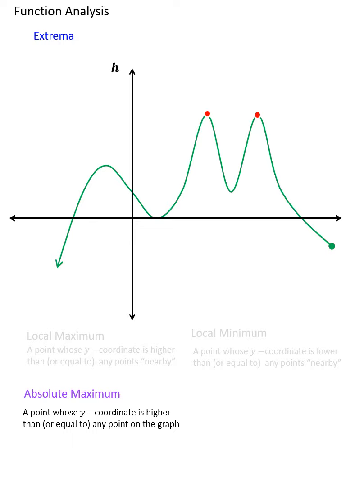This point is also an absolute maximum. They both are absolute maxima because there are no higher points on this graph. Absolute maxima are also known as global maxima, although I typically use the word absolute.